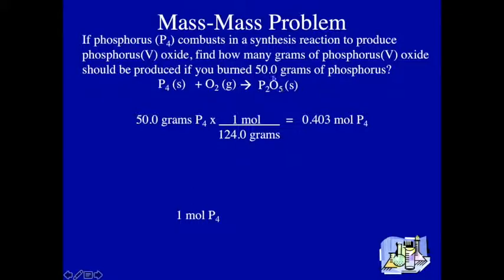Okay, so I'm given 50 grams of phosphorus. I need to find how many grams of phosphorus 5 oxide should be produced. First thing I need to do is have a balanced equation. This is not a balanced equation. When I wrote it out originally, I had 4 phosphorus and 2 oxygens, but I need to have 2 phosphorus and 5 oxygens minimum.